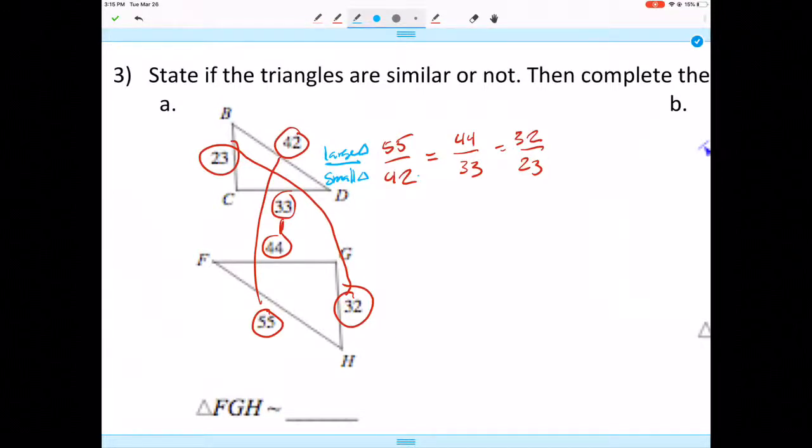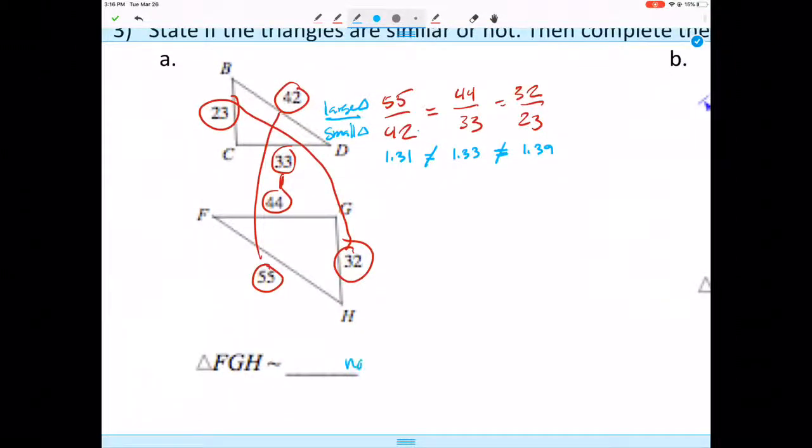It ends up to be about 1.31, and then 44 divided by 33, which is like 1.33, and then we have 1.39. As you see, none of these are proportional. So here we would say not similar.